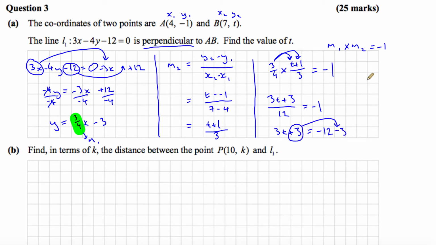Becomes negative. That gives us 3t equal to minus 15. And finally divide both sides by 3. That leaves me with t equal to minus 15 divided by 3, which is minus 5. So there we go, our value of t is minus 5.